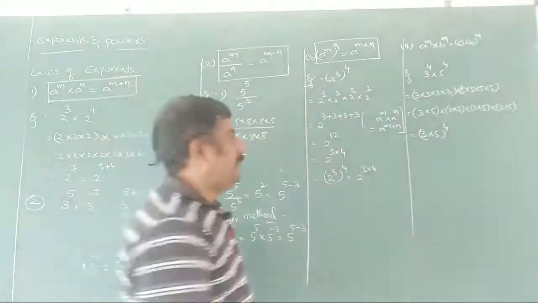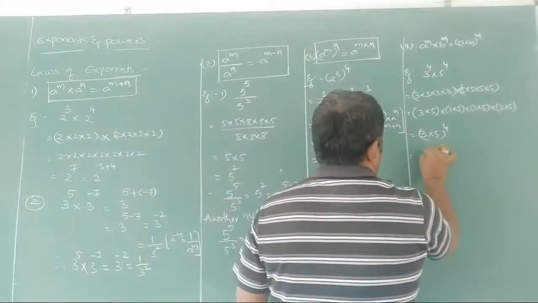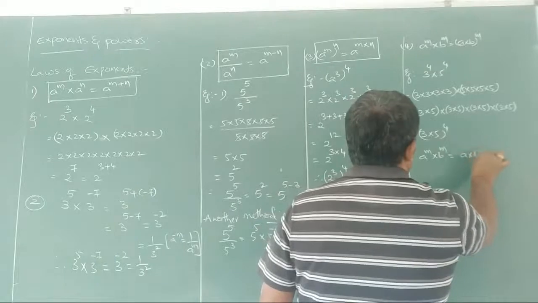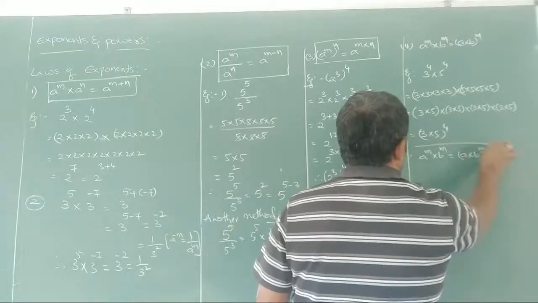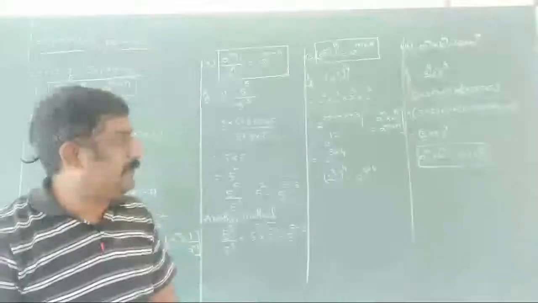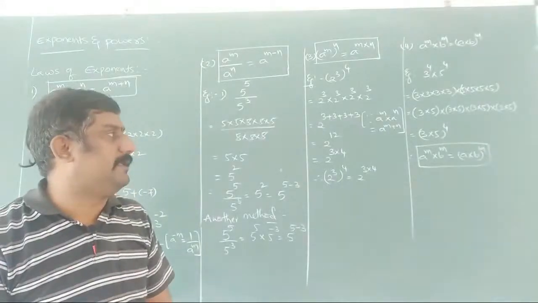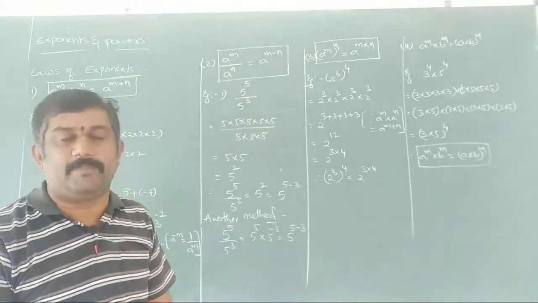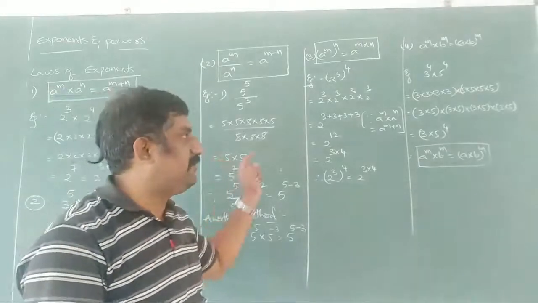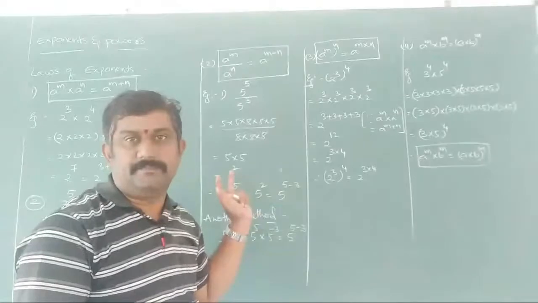So what we got here? Therefore, a to the power of m into b to the power of m is nothing but a into b whole to the power of m we can write here. So for all these laws of exponents we took some examples here.